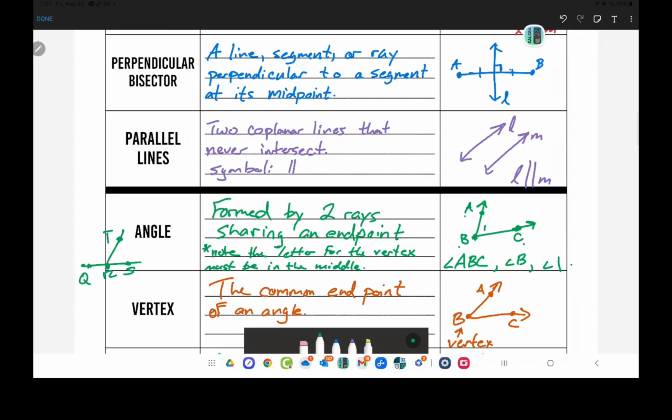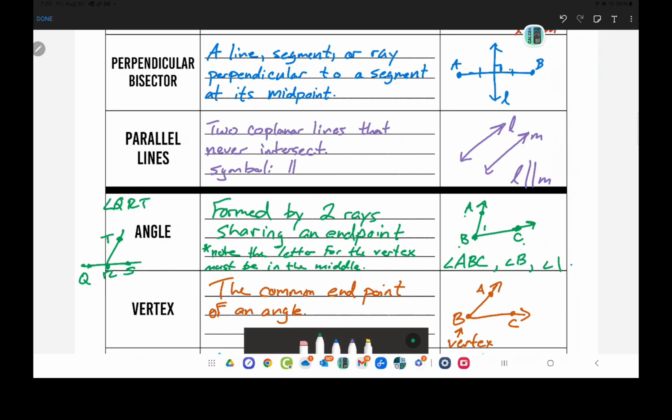If there's multiple angles at the vertex, you have to use the three letters. Okay, that tells you which side of that vertex we're looking at. So if I say angle QRT, you need to know that's this angle here. And SRT is the other. So it is important that you know how to name your angles so you can inform me what you're talking about.